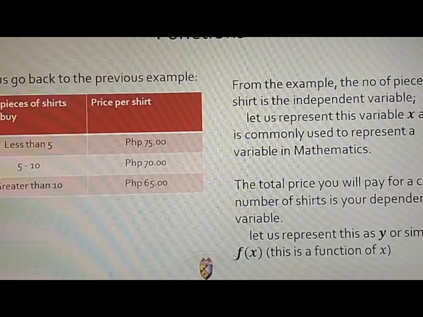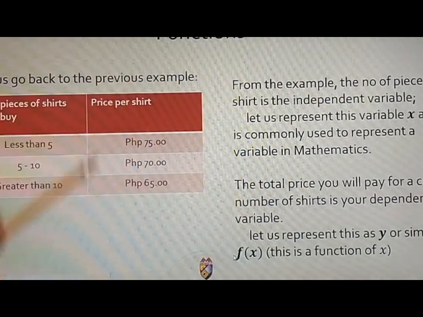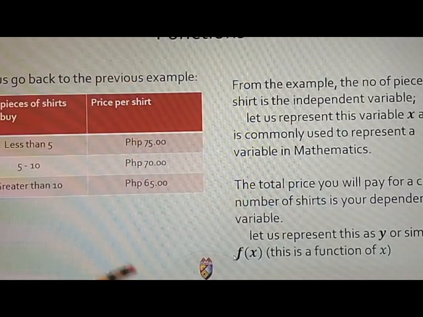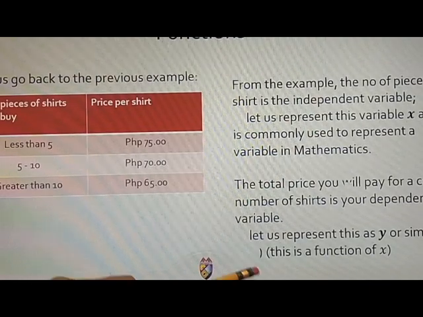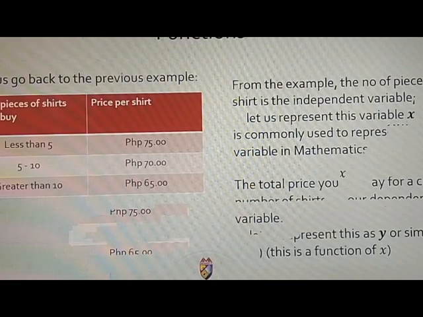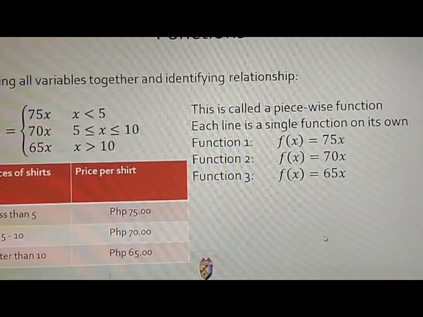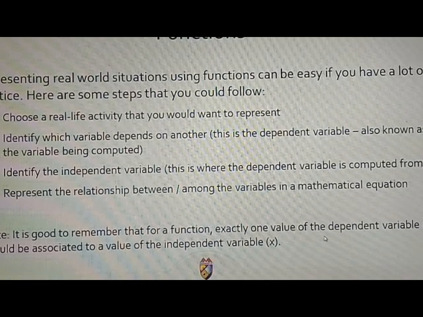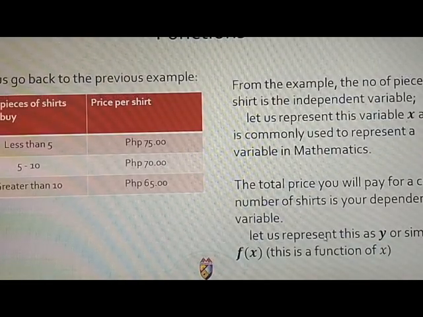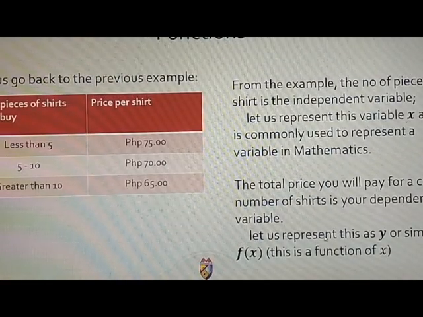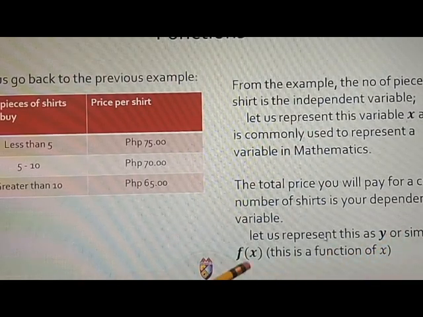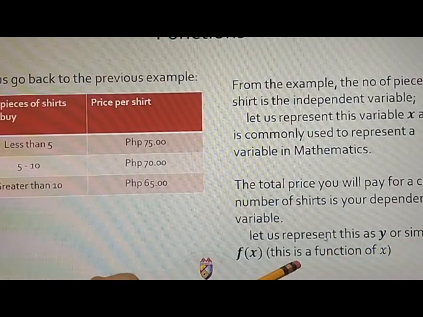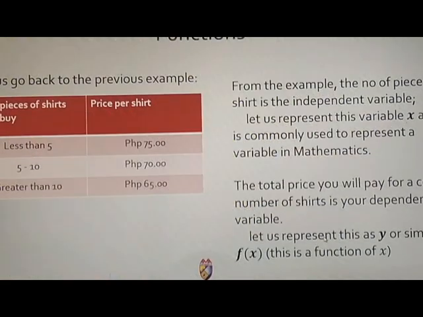The total price you will pay for a certain number of shirts is your dependent variable. Let us represent this as y or simply as f of x. So this is a function of x.